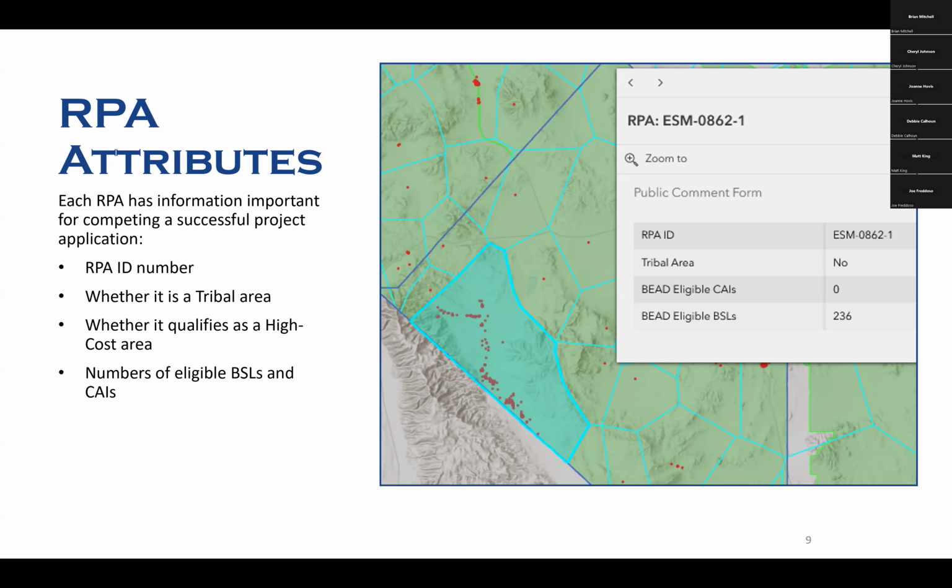Those BEAD eligible locations being broadband serviceable locations and community anchor institutions within that RPA. And what you see there in the graphic is an example of a particular RPA and the information that is currently available on the website.